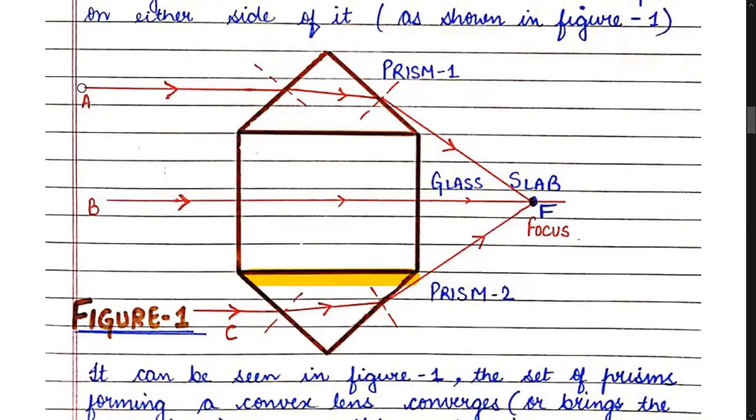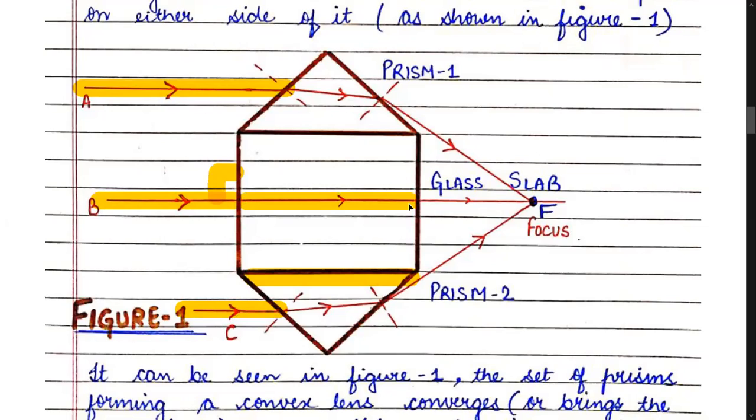Suppose the rays of light A, B and C are incident on the lens. Light B is normally incident on the glass slab. In case of normal incidence, the light will not bend in any direction.